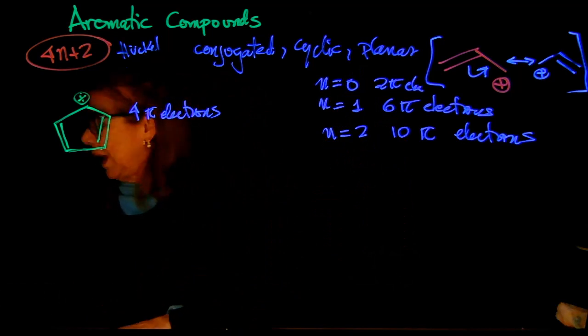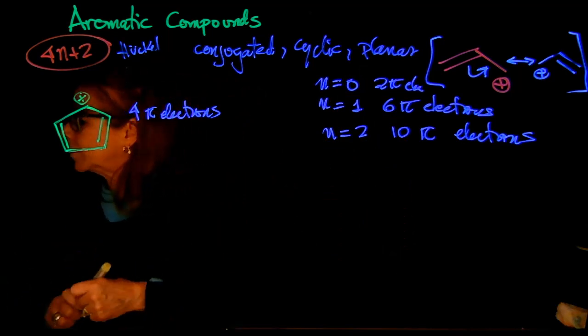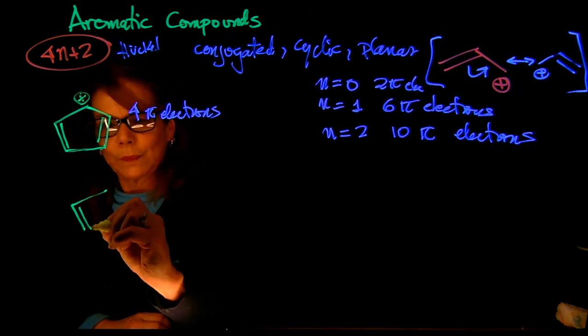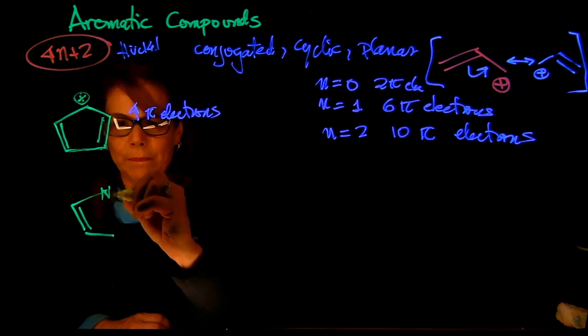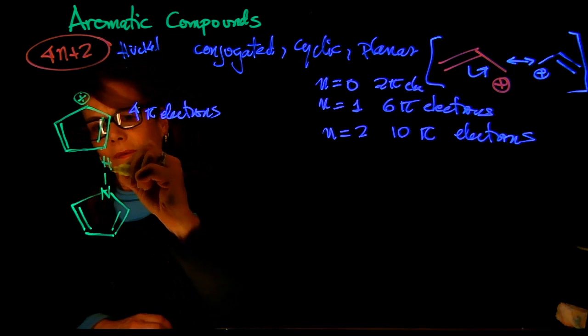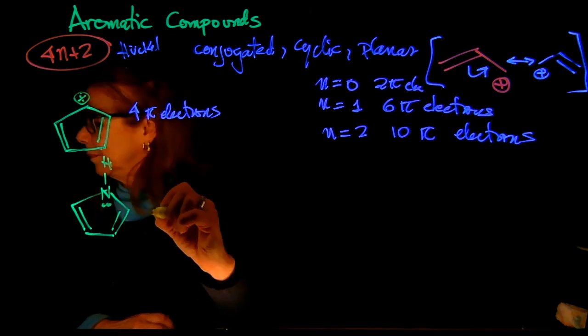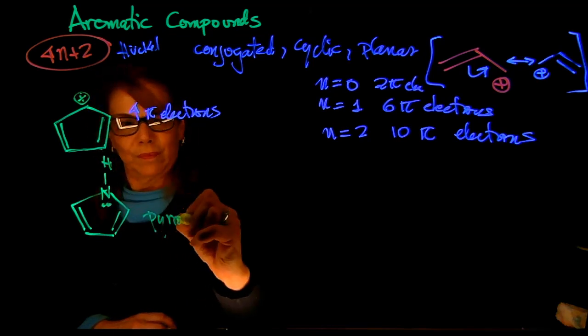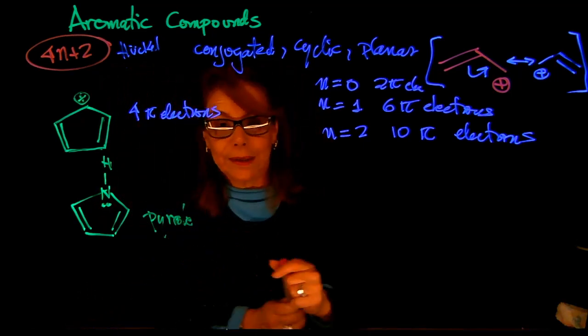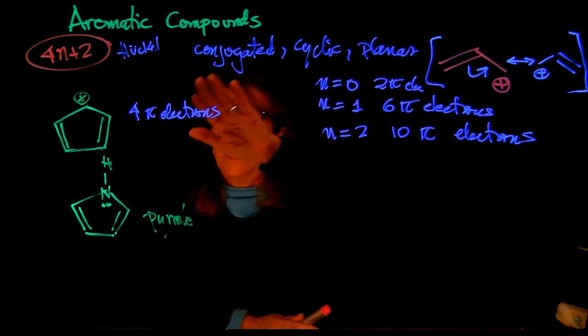So let's do one more molecule, and let's say that I now have pyrrole. Pyrrole is this. In pyrrole, we need to analyze first if this is conjugated.